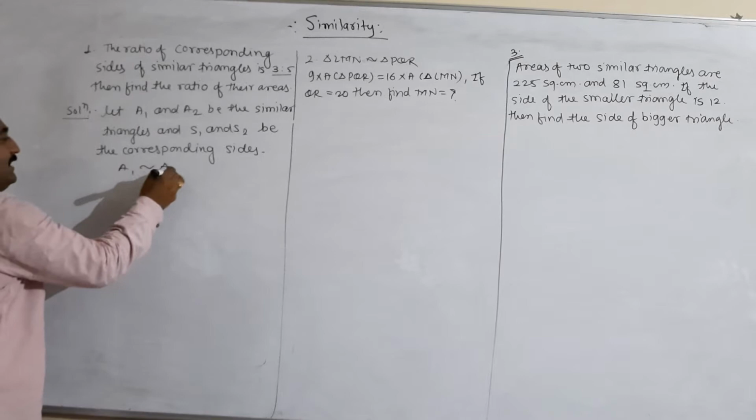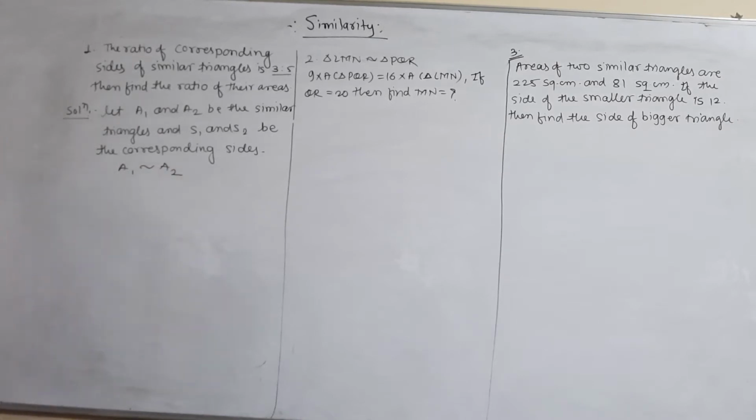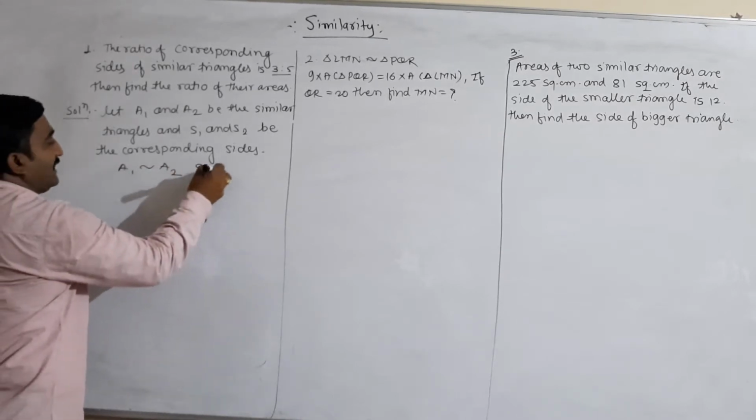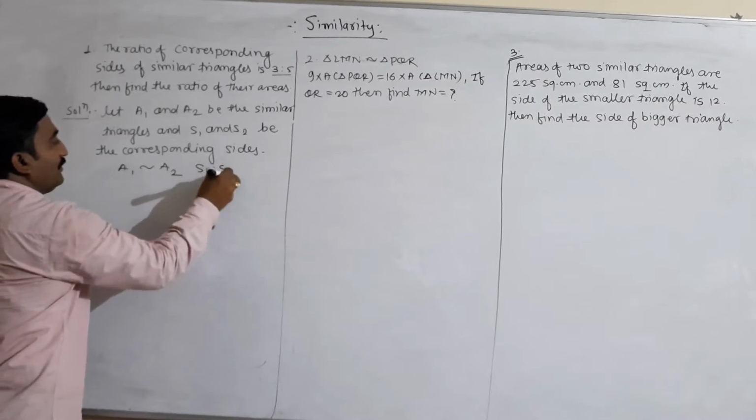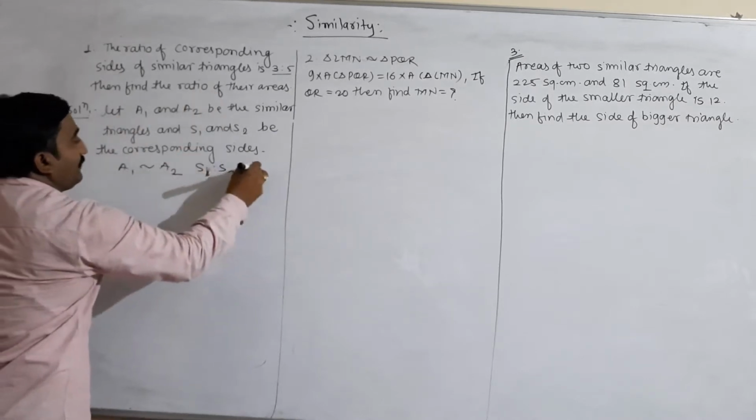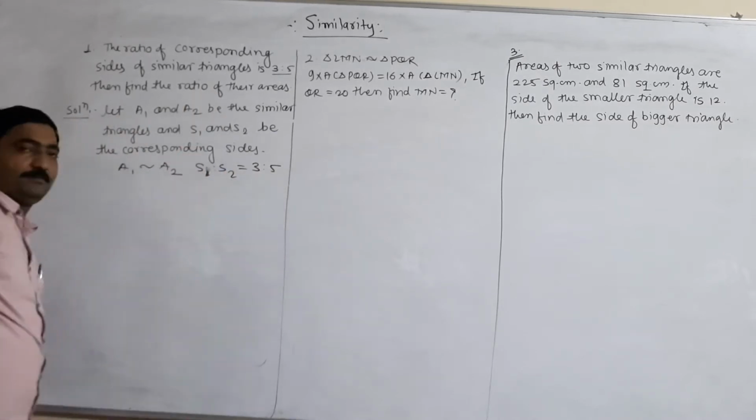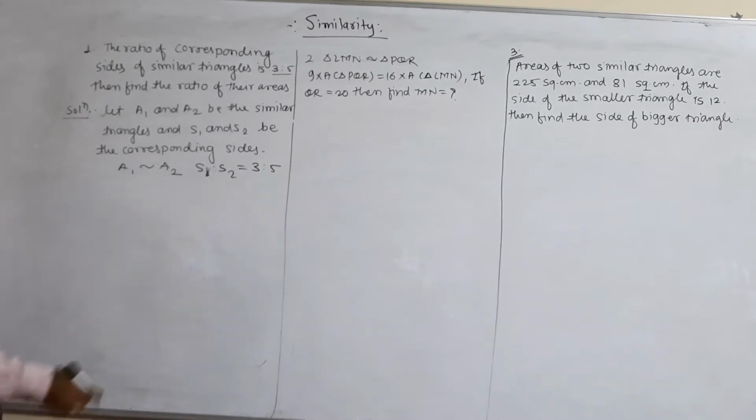A1 similar triangle A2. And here we have given S1 is to S2 is equal to 3:5. दोन्हीचा रेशो आपल्याला दिला आहे 3:5.